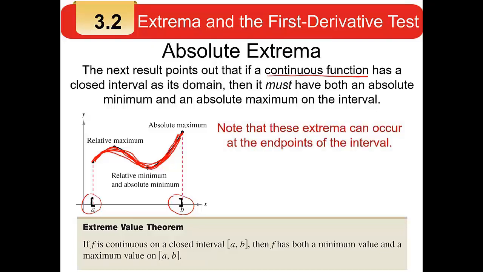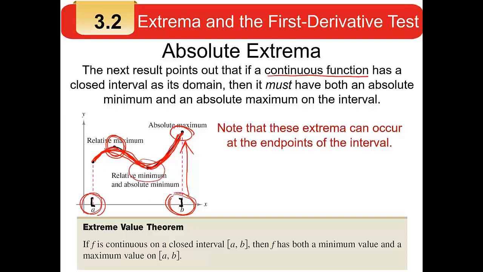Another important point here is that these extrema, the max and the min, the absolute max and min, can occur at the endpoints. Like here, the endpoint, this B value, is where the absolute maximum is. Whereas on this one, the relative max is not the absolute max. It didn't occur at the endpoint. The endpoint at A is not the lowest point on the curve. You've got an absolute minimum over here.